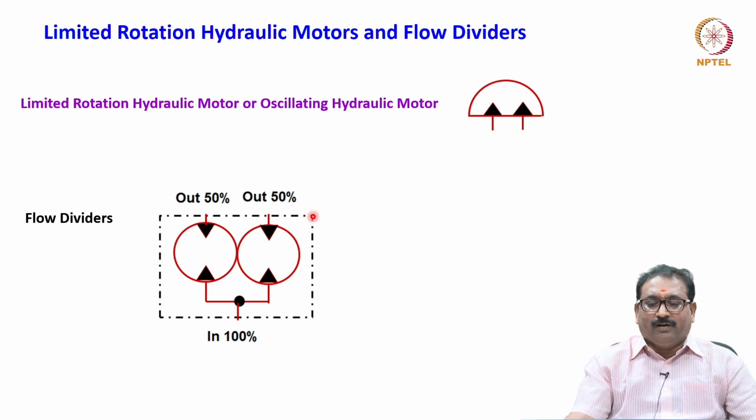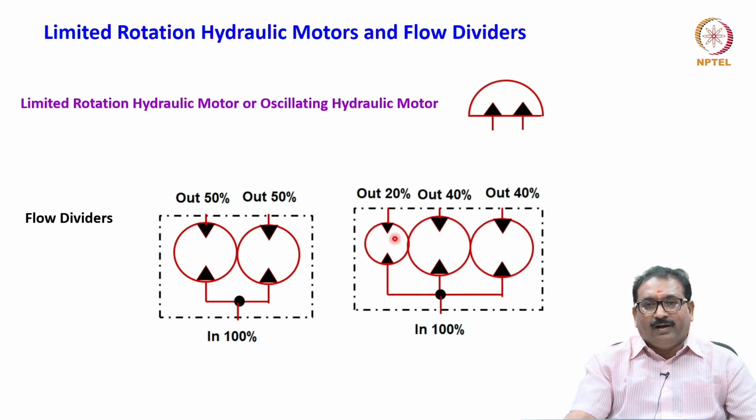Please see here, friends, 50% dividing by 100, it will divide. It is enclosed in one dotted line, meaning it represents that the complete component is a flow divider, a 50-50 flow divider. As I have told you, different divisions are also possible, 20, 40, 40.